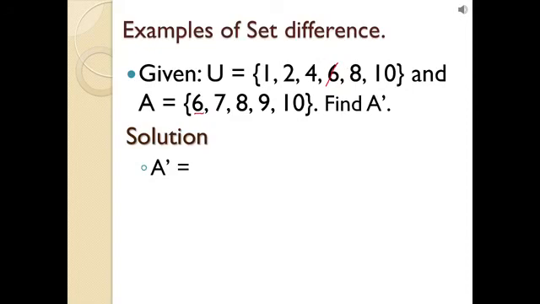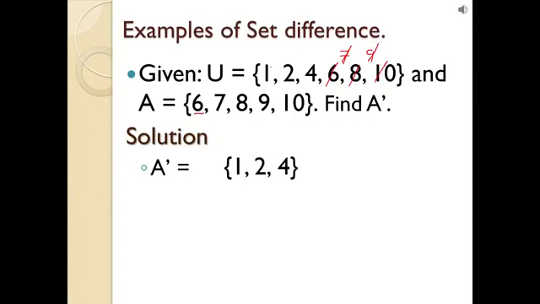This is 1, 2, 4, 6. That has 7 also, and you also have 9 there. So I will be crossing out the numbers 6, 7, 8, 9, and 10. So what is left there is 1, 2, and 4.